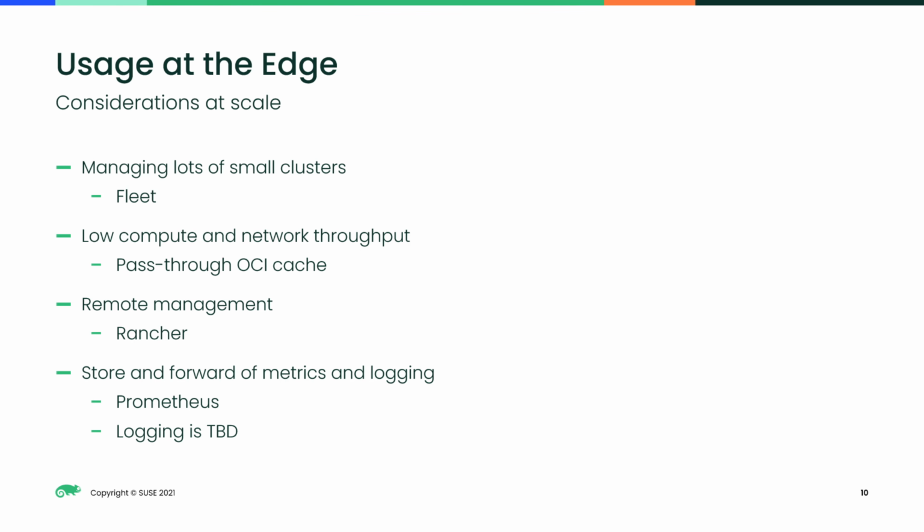You can set up some central configuration that everything responds to in a pull-based way, so you can manage intermittent networks. Also at the edge, you probably don't have too much compute, and you're probably limited on your network throughput and your network stability.